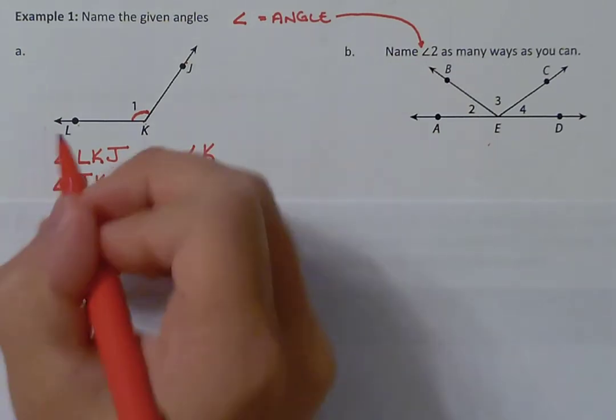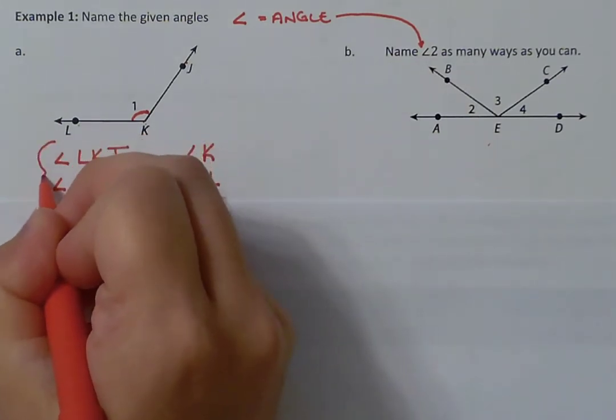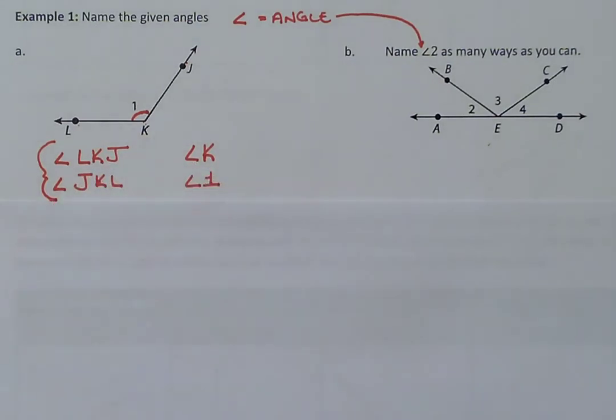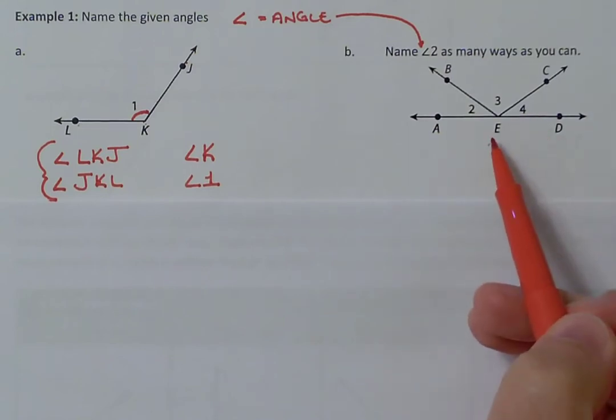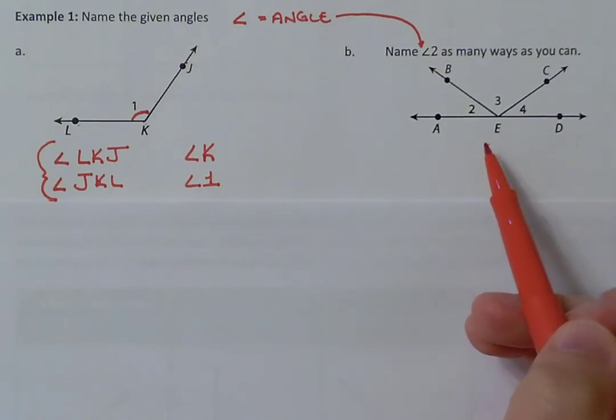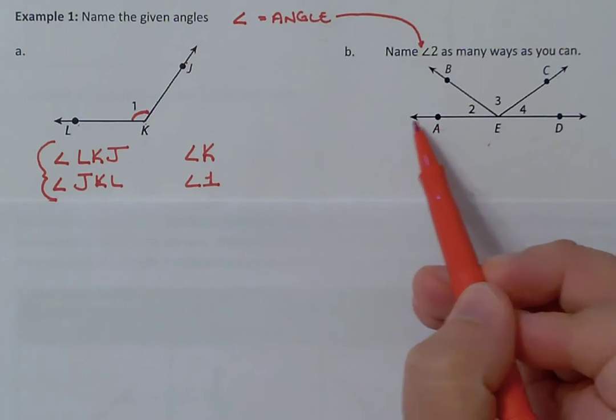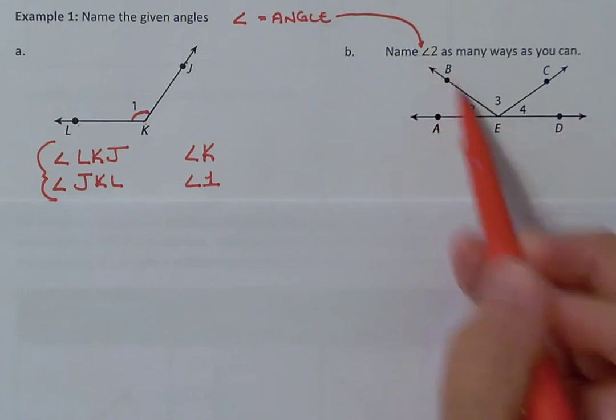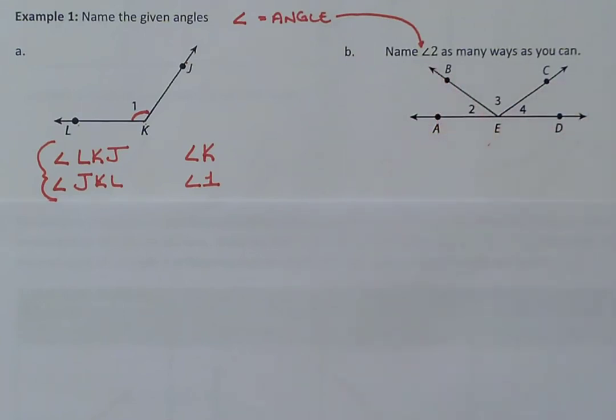Now, the most common way that you're going to see me name angles moving forward is going to be one of those 2. I'm going to use generally 3 letters because it helps us be more precise. Because if I come over here and I said angle E, you don't really know which angle I'm talking about. I could be talking about this angle, this one, and so on.